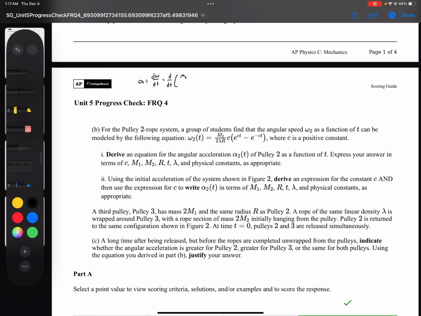m2 over 2 lambda r times c, okay? And then I'm going to take the derivative of these.